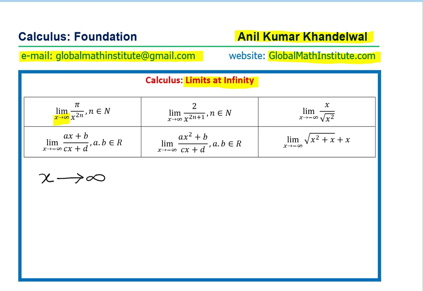So basically, what we are going to see here is when x approaches infinity, what happens to the y value? If the y value approaches some value, let's say L, in that case, we'll have a horizontal asymptote, which will be y equals L. So, working on this kind of limit also helps us to figure out the horizontal asymptote for the given function.